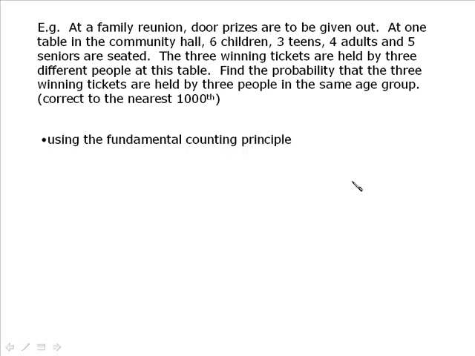Now, as always, I'm going to start off with the fundamental counting principle. And I may abandon it because it may turn out to be too much work, but I will try to get a sense of what's going on.